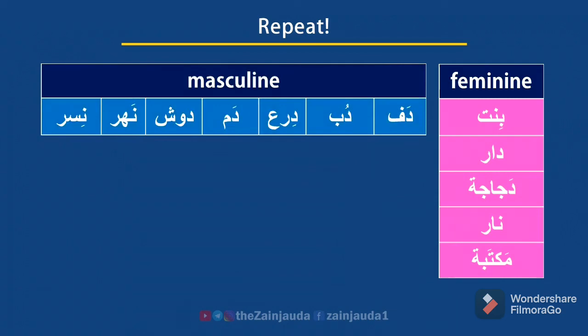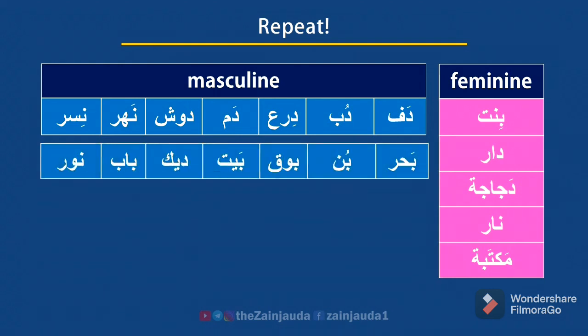The other part is masculine: دب، درع، دم، دوش، نهر، نسر، بحر، بن، بوق، بيت، ديك، باب.